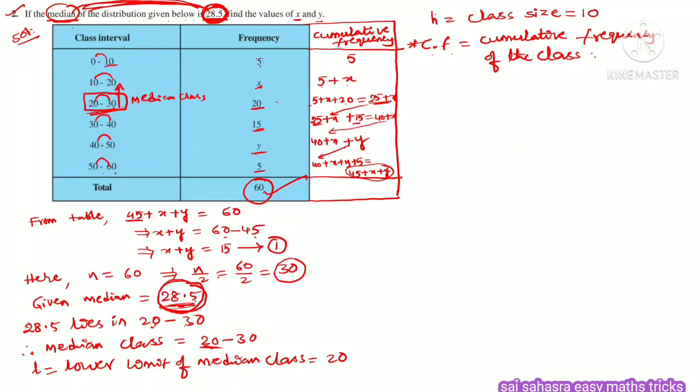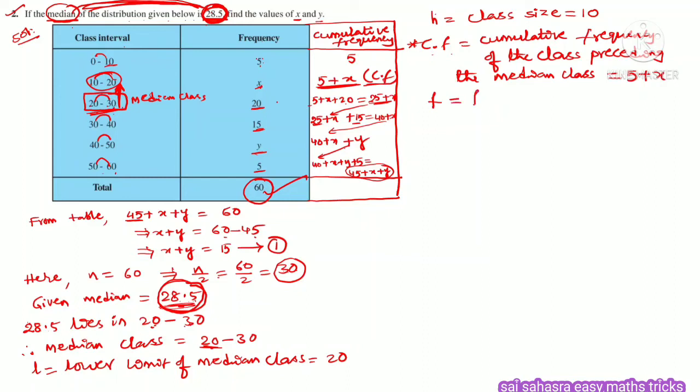That means the class preceding the median class. So median class preceding class cumulative frequency. Median class preceding class is 10 to 20. That one cumulative frequency is CF. So here CF is 5 plus x. So that is equal to 5 plus x we can write.